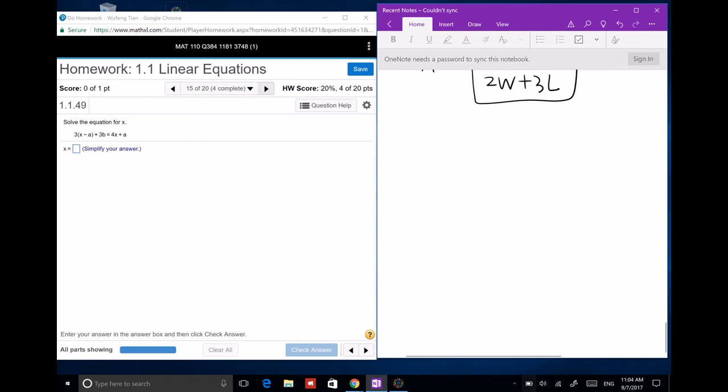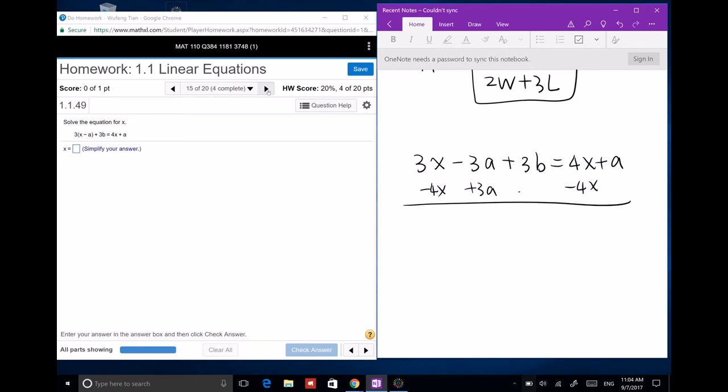Number 15 is the same as the previous several equations. Isolate x. Distribute: 3x minus 3a plus 3b equals 4x plus a. To isolate x, subtract 4x from both sides, and combine the other things: plus 3a, minus 3b on both sides.